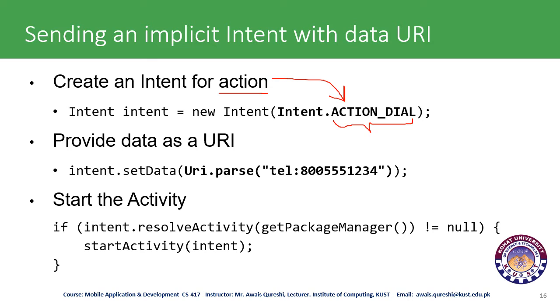First we create an intent with an action, and then we provide data as a URI. So this is an intent object, the same intent object. After that we call another method of this intent class with the help of this object, a member data function that is called setData. And in setData we are passing some number which the user has dialed from the dialer.